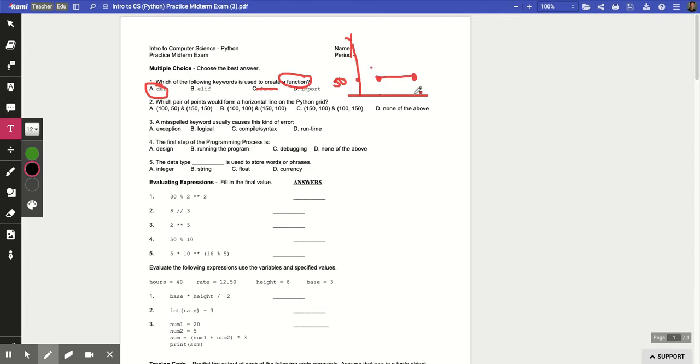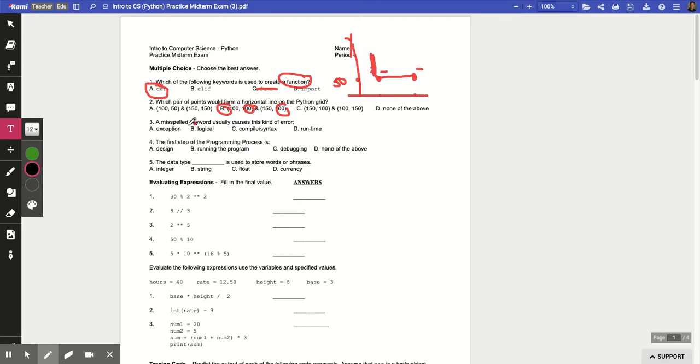This point looks like it might be the point 100 here on this axis, but vertically it's at this point 50. Both y coordinates would be the same here, and it looks like this right here is the only pair of points that has the same y coordinate, that second coordinate. So that's the answer to a horizontal line. There is a pattern for vertical lines. I don't want to get into it, but that would be a whole different exercise.